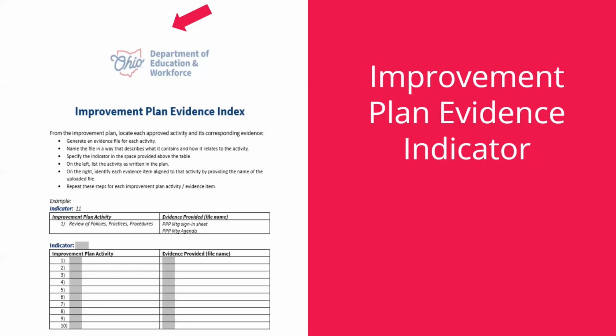So you will simply put in what was the improvement plan activity and what is the evidence that you will provide, for instance, PowerPoint, meeting agendas, meeting sign-in sheets, or evidence of professional development. Those things will all need to be uploaded as evidence that you have completed what you said you would complete on your improvement plan.